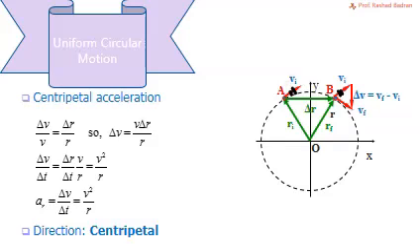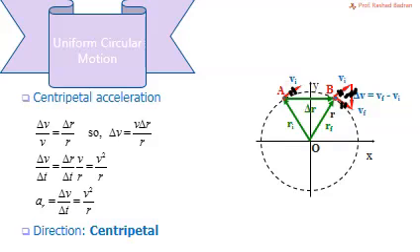So we now have v initial in this direction and v final in this direction, as you can see. Now to get delta v, we take v final minus v initial, and this is the side of the triangle which is named delta v.